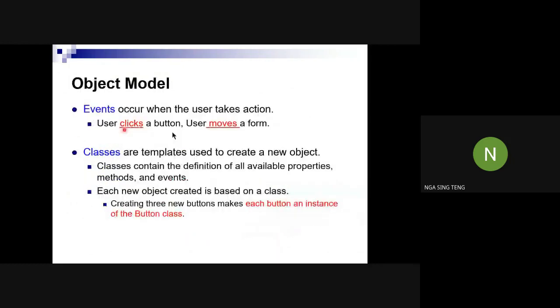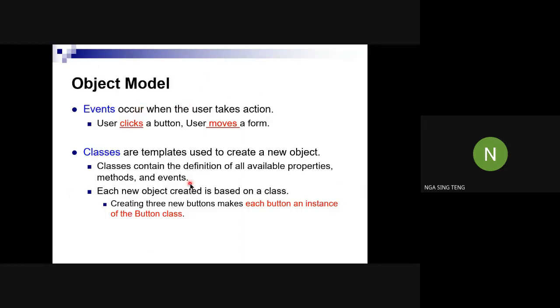Events occur when the user takes some actions, when you click on certain buttons. For this form design later on, you're going to deal with the clicks. Button A, is it reset? Button B, I want to prepare. Button C, I want to submit. Button D, I want to print, and so on.